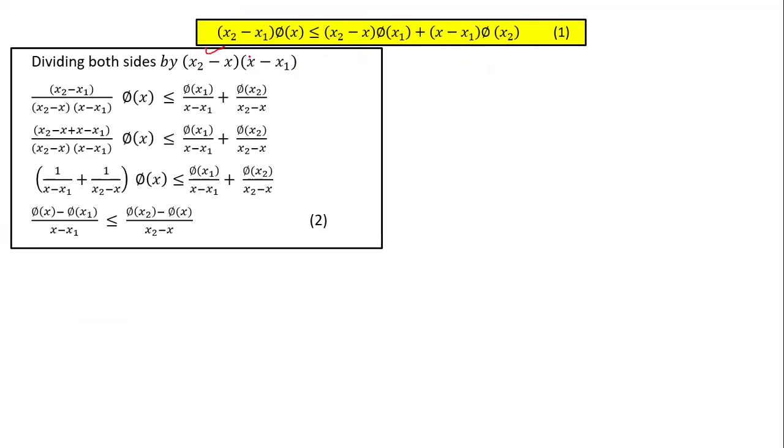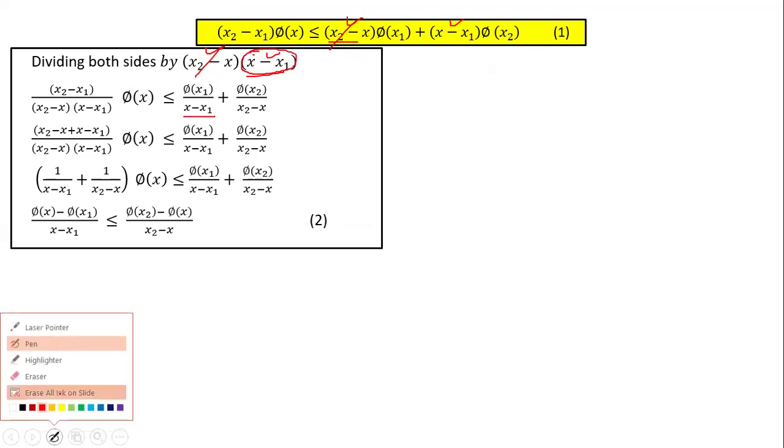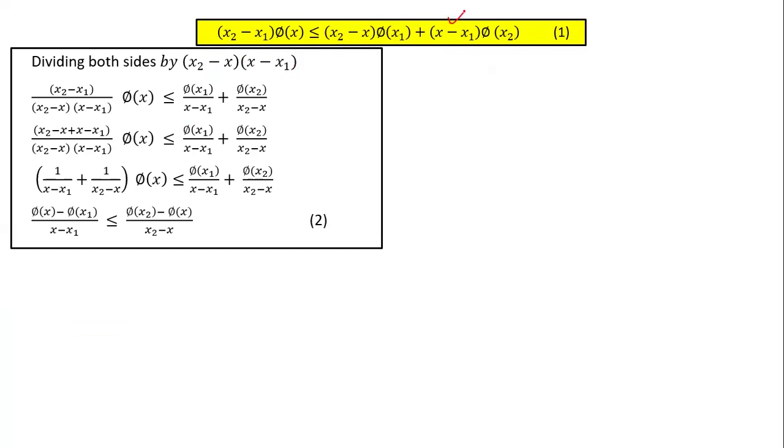So firstly, I have chosen these 2 terms, x2 minus x and x minus x1. Whenever I divide by them, you can see this term will be cancelled out. When we divide by this, its denominator will remain x minus x1. And similarly, in the case of this number, when we divide by x2 minus x and x minus x1, x minus x1 will be cancelled out.